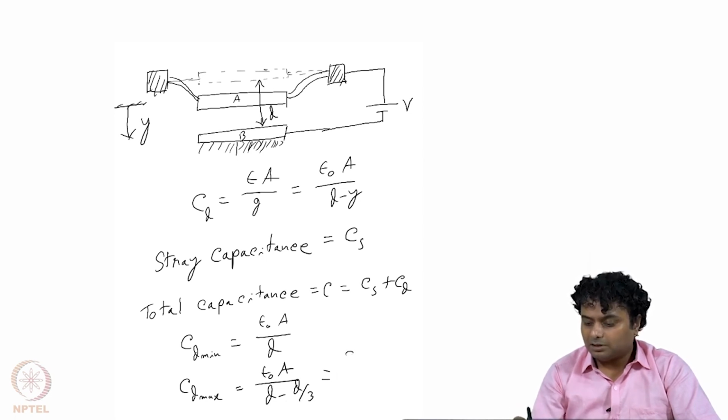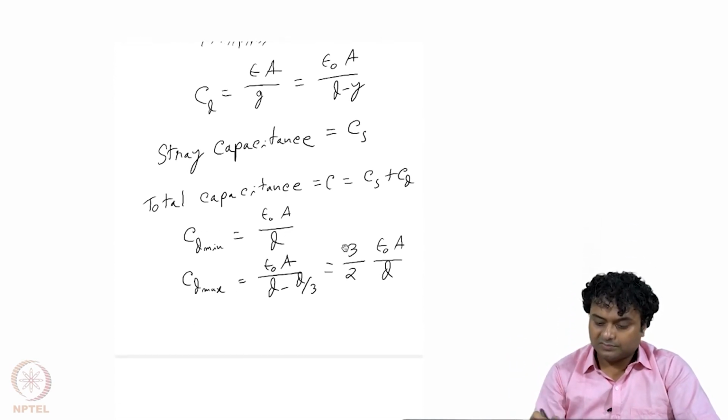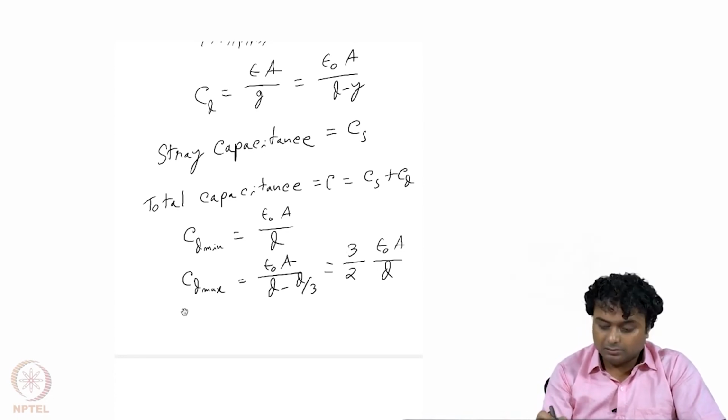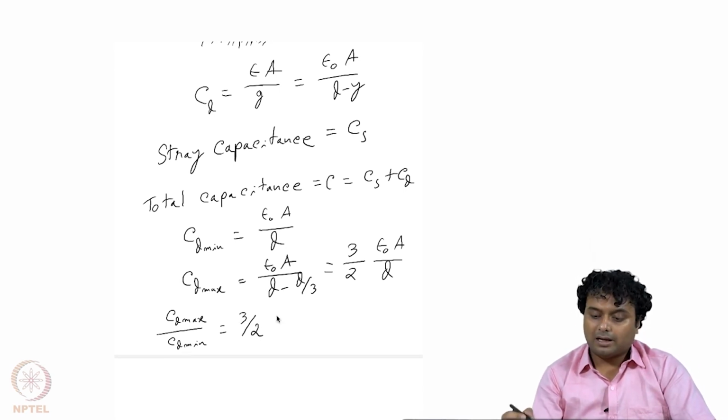So that is 3 by 2 into epsilon naught A by D, and from that we can also write that CD max divided by CD min is equal to 3 by 2.